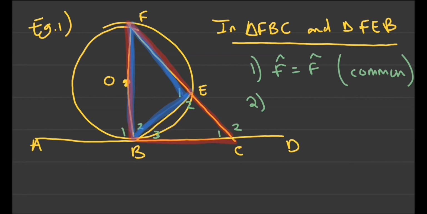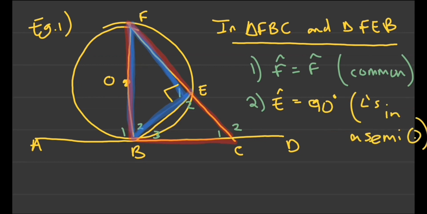Will E1 be 90 degrees? Correct. Angle E1 would be equal to 90 degrees. So I've written a reason down here, angle in a semicircle. If O is the center, that means that FB is a diameter, and a diameter always subtends a 90-degree angle.